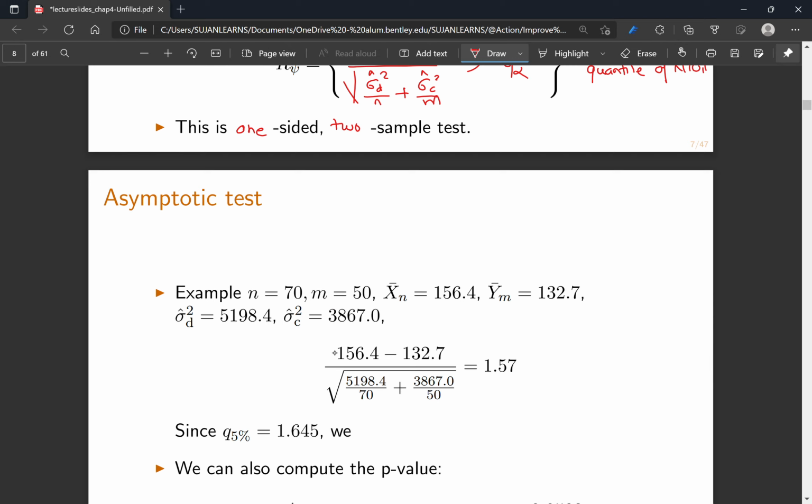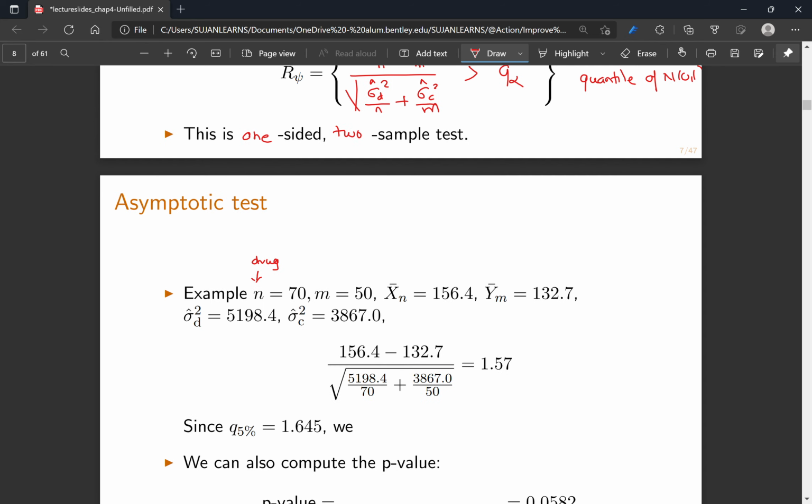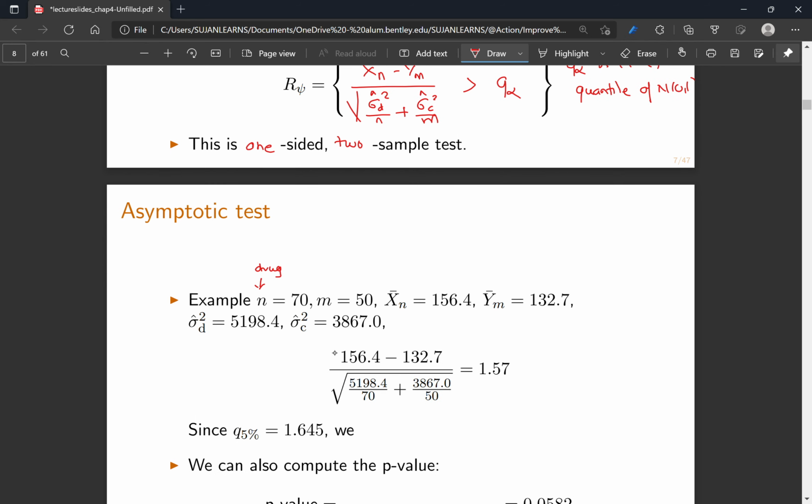The sample mean of the drug is 156.4 deciliter, while the sample mean of the placebo is 132.7 deciliter.